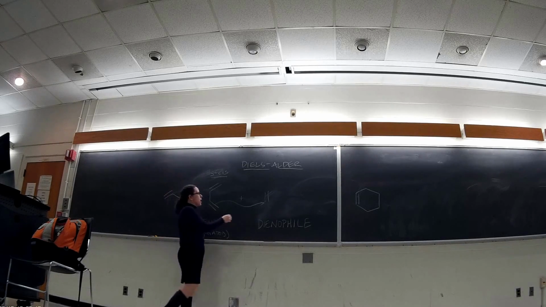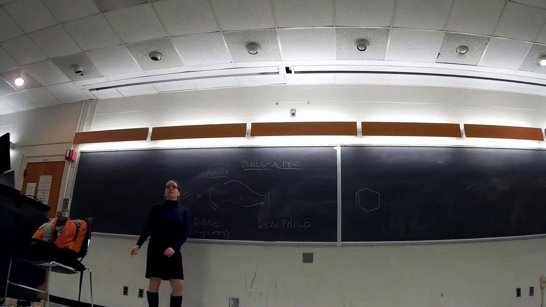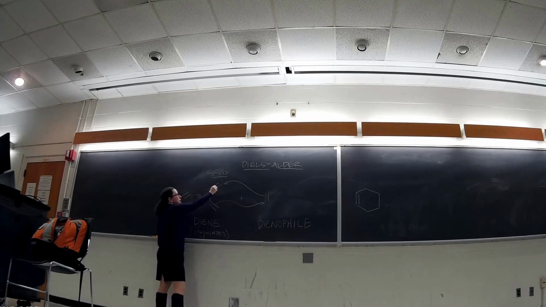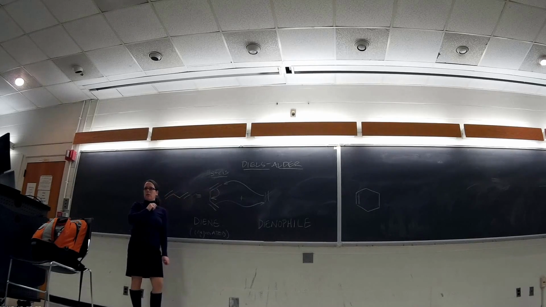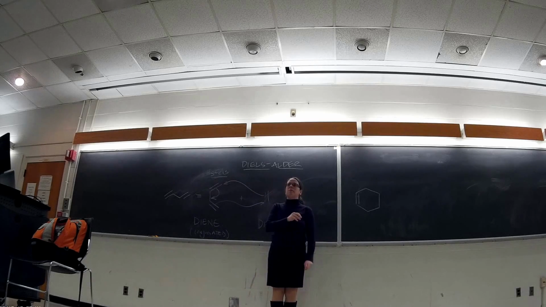It's got to get rid of one. So it takes its pi bond and offers it to the other end of the diene. Okay? So in essence, this diene and dienophile come together. The last bit is for this carbon to get rid of its 5th bond, it moves its pi bond down here. Okay? So your product is always a 6-membered ring.